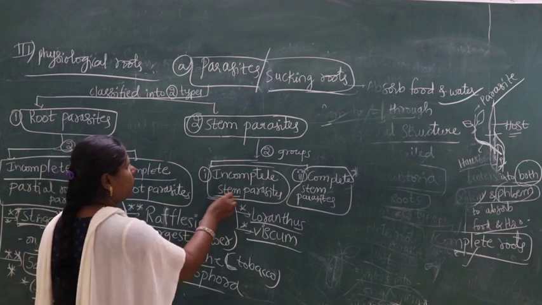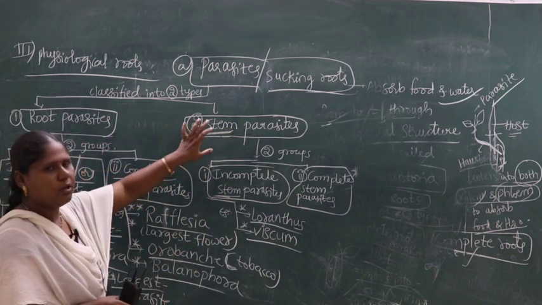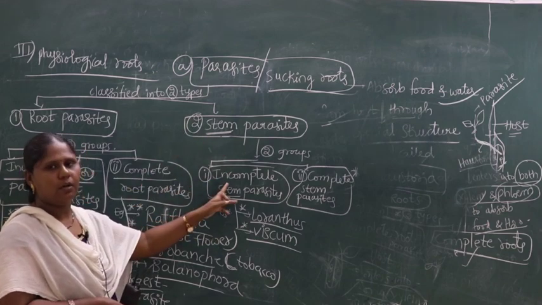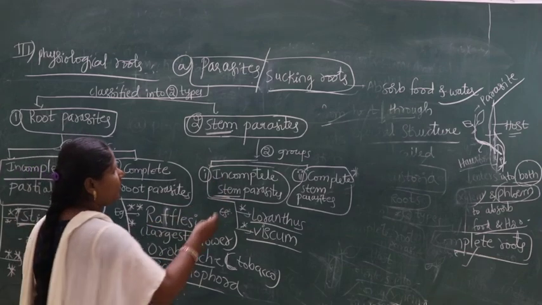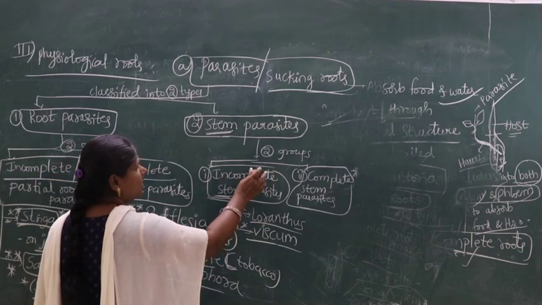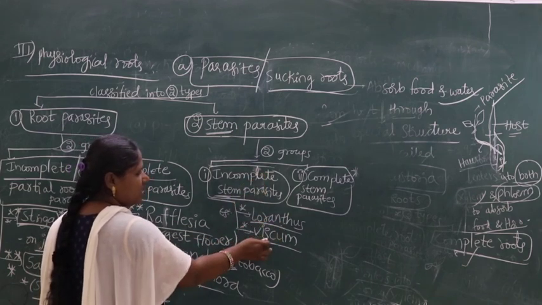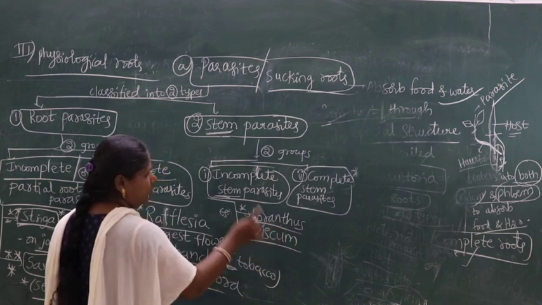Remember this, very important. They come under stem parasite. Haustoria will enter into the stem, into xylem only for water, and that too on the stem. It's called incomplete stem parasite, for example Loranthus and Viscum. Pronunciation, listen carefully: Loranthus, Viscum.